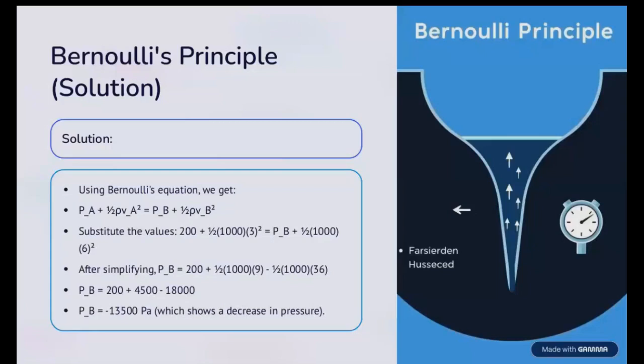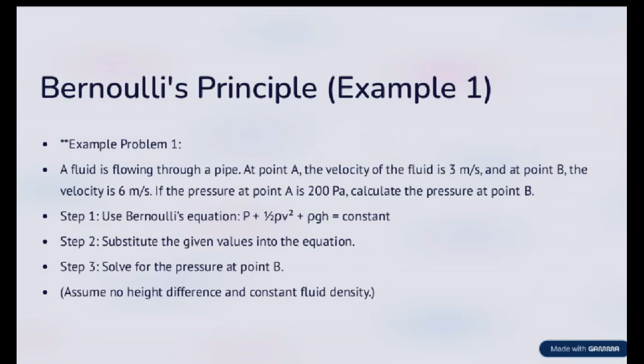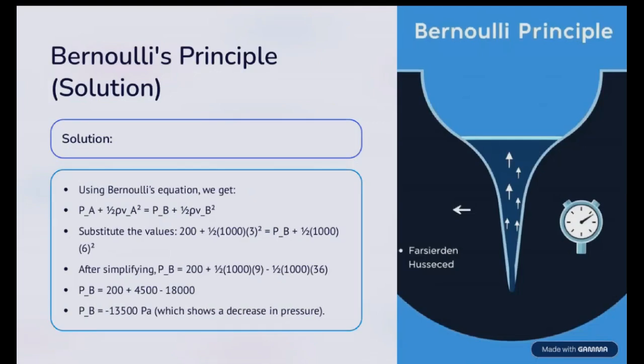I don't understand. So let's move on to the next. From the question it said plus half PV, but when you are solving it, we have V raised to power 2. So it's different from the first equation.